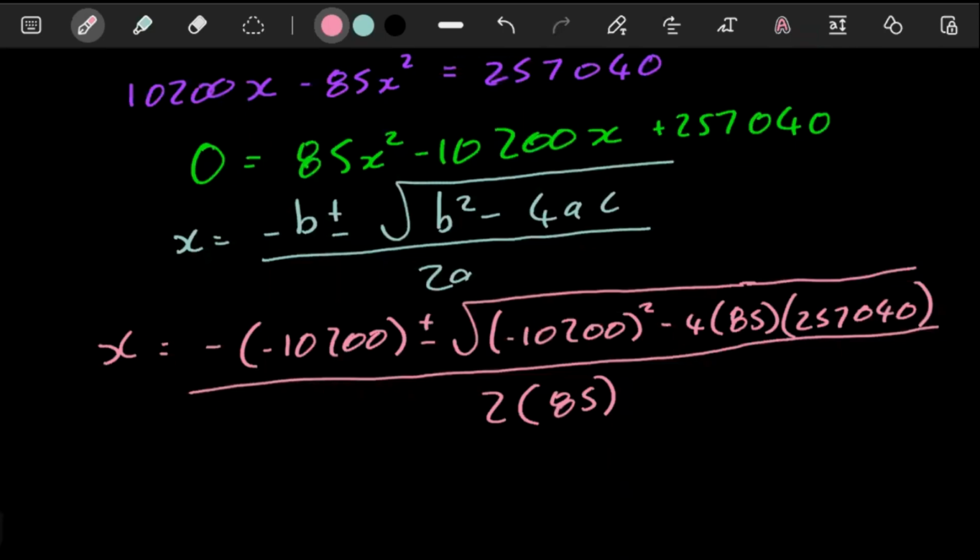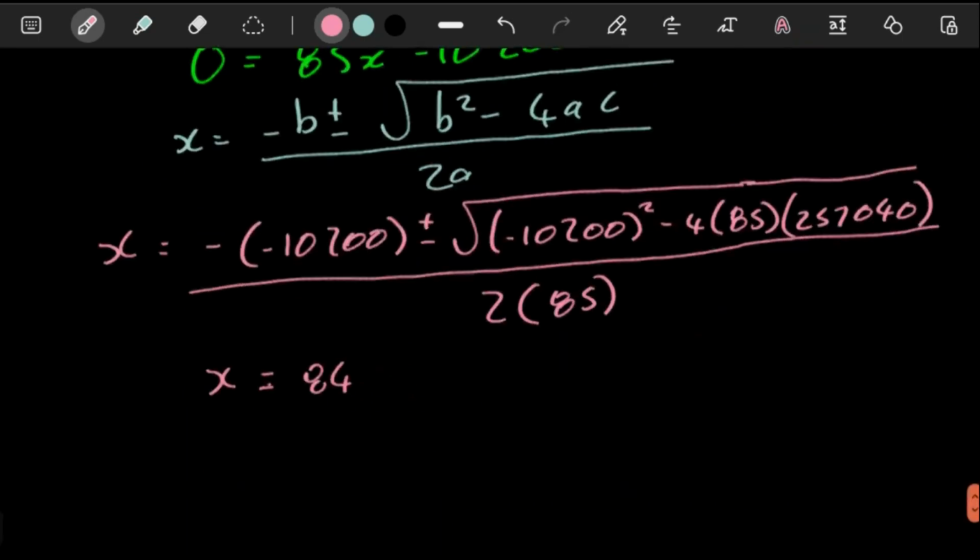The bottom there we have 2 times 85. Ooh, x is 84. Okay, that is very promising. It looks so scary because there are so many meat sandwiches. Oh wait, no, x is, wow, 36 or 84.